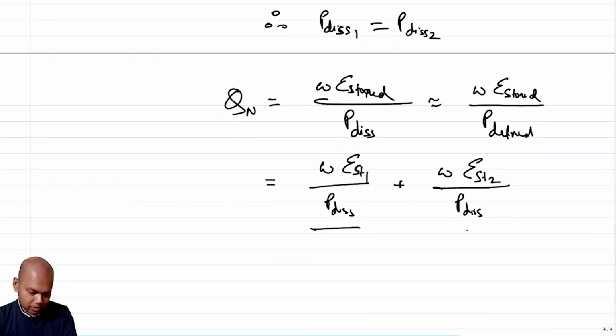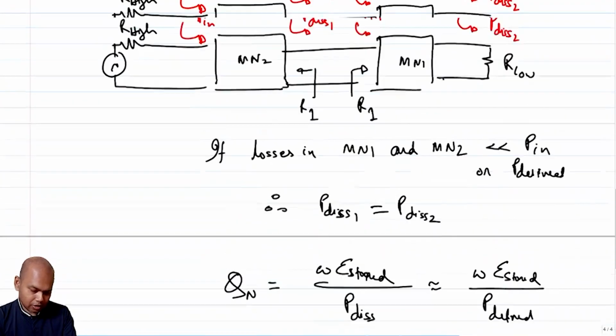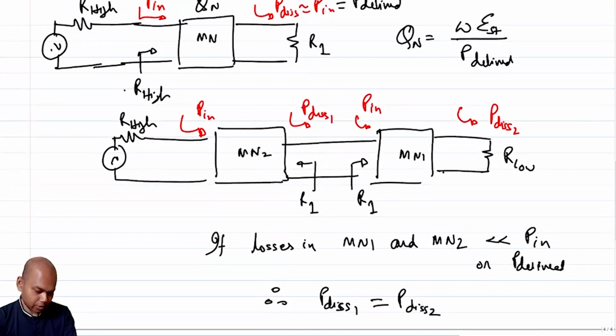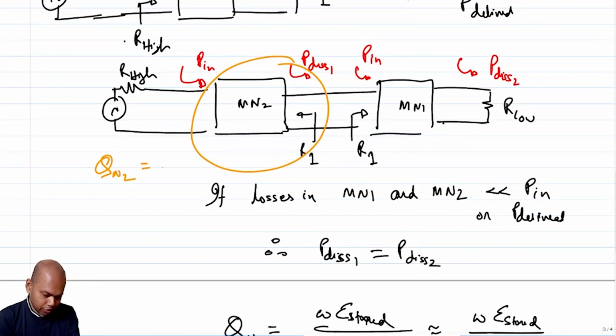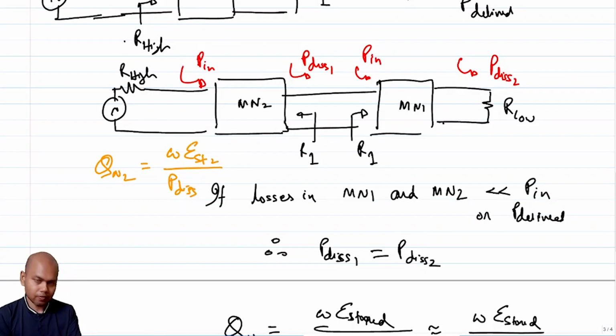Now what are these? With respect to each matching network, let's say Mn2, what is Qn2? Qn2 is omega times energy stored in the matching network 2 divided by power dissipated, right?